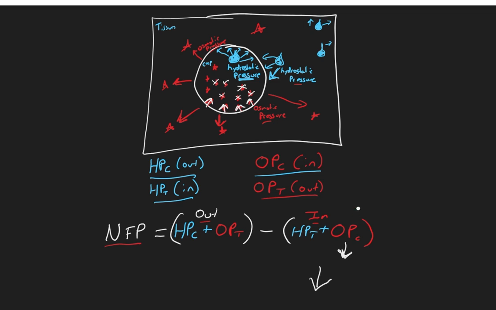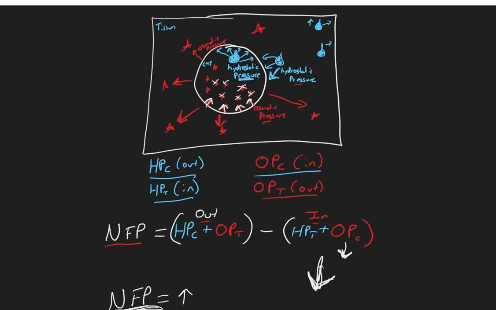So if this number goes down, what happens to my net filtration pressure? Because this number is lower, it is going to go up. So if we decrease the amount of protein in the blood, the net filtration pressure goes up.